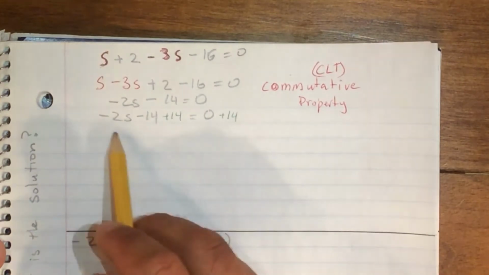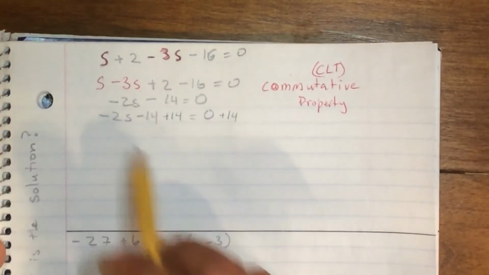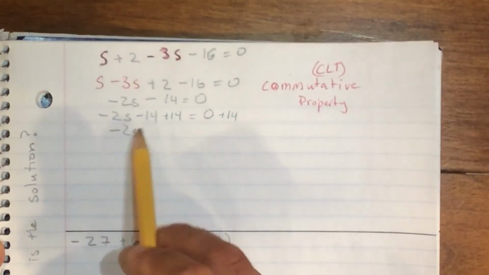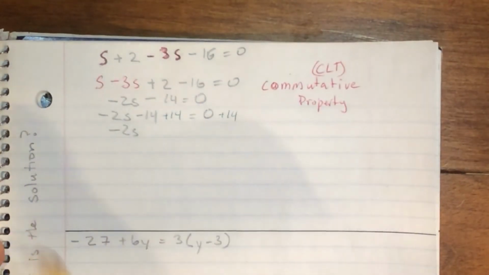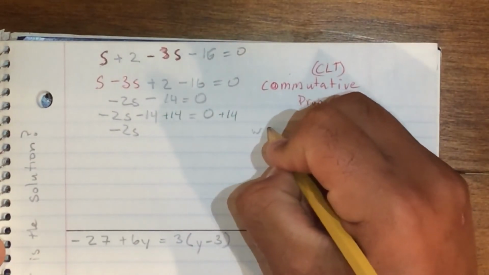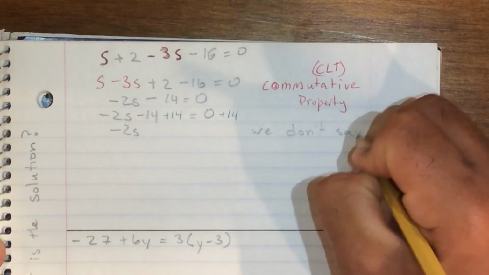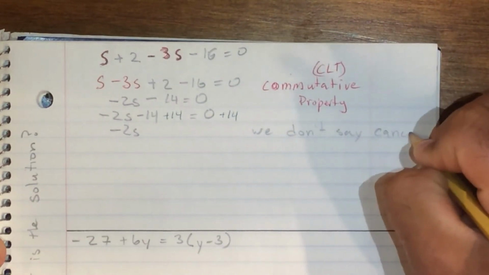All right, so in this one right here too, I know I didn't talk about it in the last video, but when we're doing this, we have negative 2s. But here, I know we don't say cancel out.